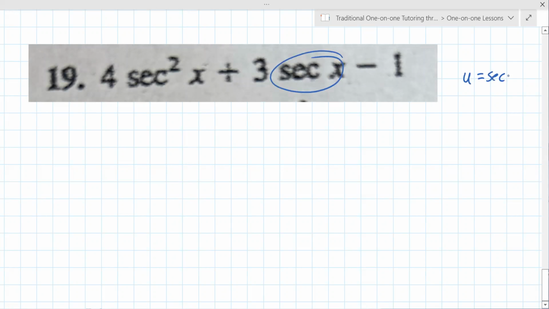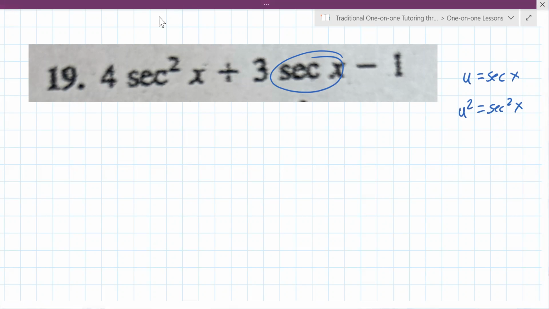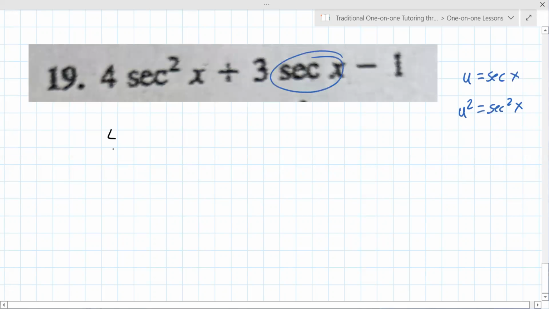It's in this case the secant x, and then you typically square it, so it's secant squared x, like that. So your original problem becomes 4u squared, you want to do it in terms of u, plus 3u minus 1.